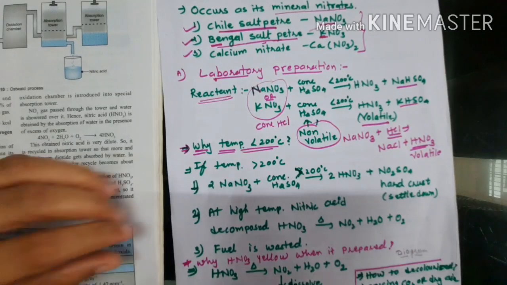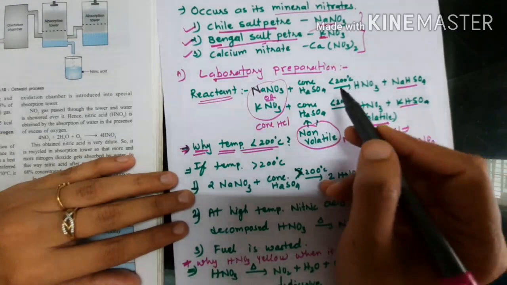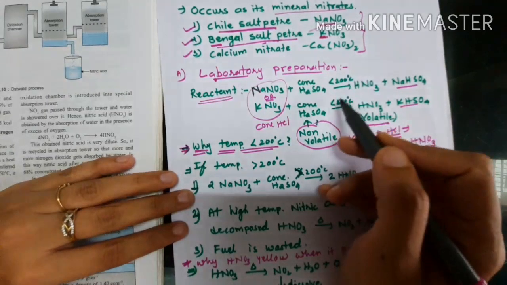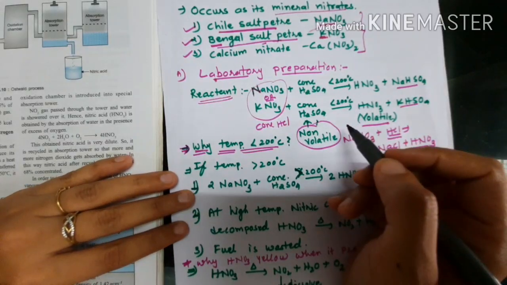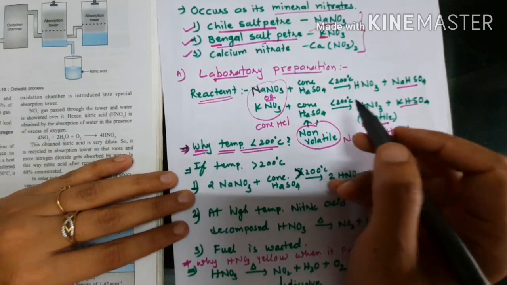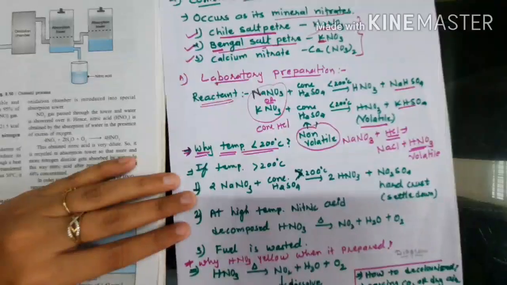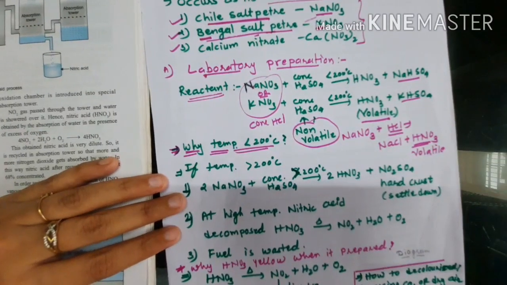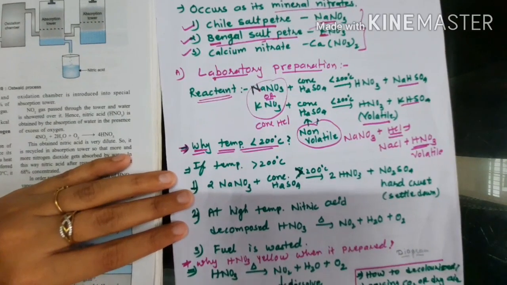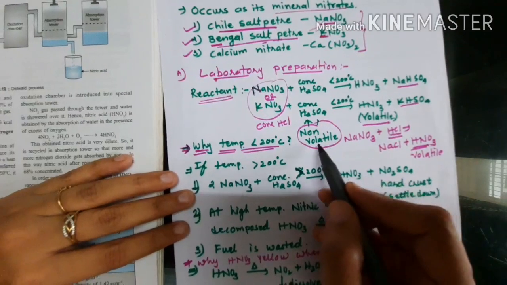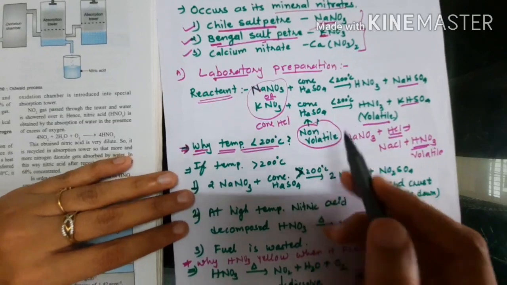The boiling point of hydrochloric acid is also around 109 degrees. So it will boil at a particular temperature. If we use a temperature greater than 200 degrees centigrade, it will vaporize. Both are volatile, but we require a non-volatile acid, that's why we are using concentrated H2SO4.